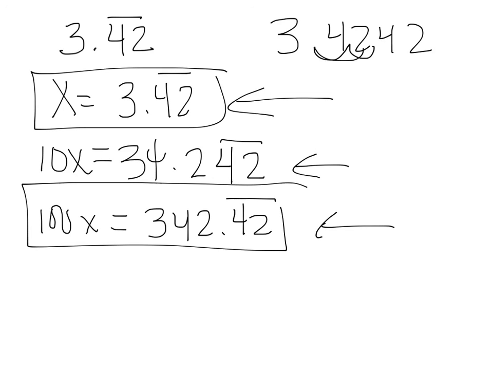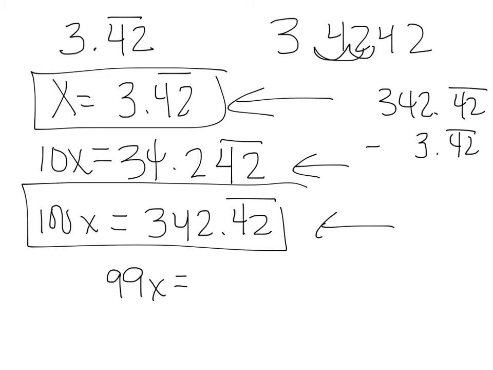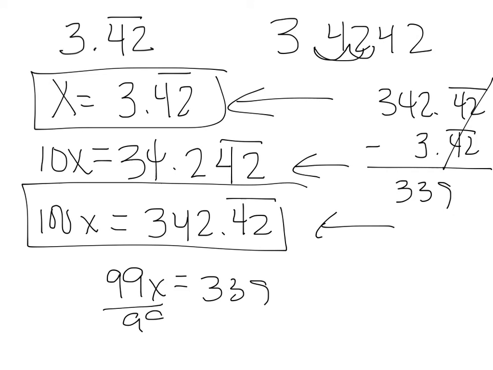Now I've got two that are the same. I can do 100x minus 1x, that's 99x. 342.42 repeating minus 3.42 repeating. So those cancel out. 342 minus 3 is 339. Divide both sides by 99, and we get 339 over 99.